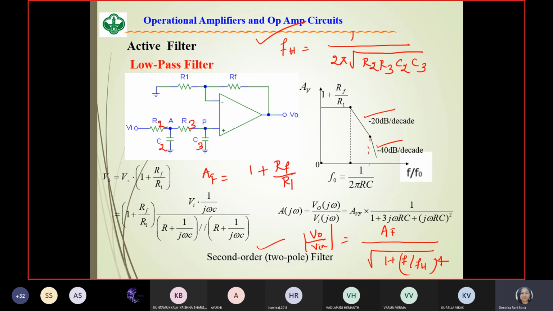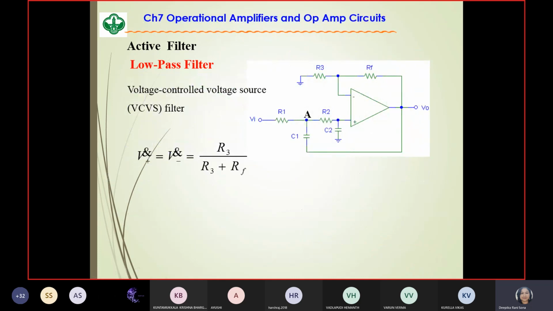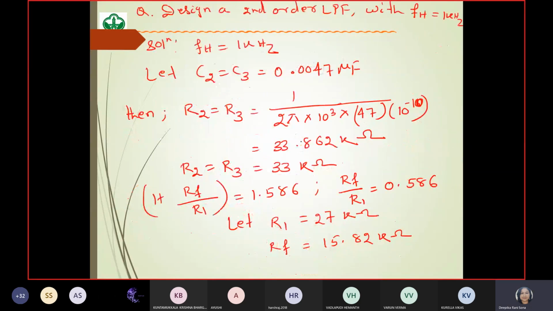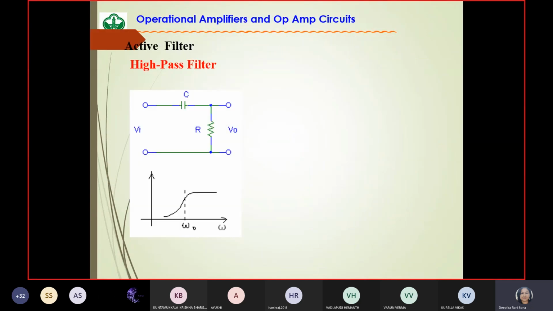Then you have to proceed to the design steps and the values to consider. Whether I have written it or not, let me just check. Okay, this is filter design for first order, filter design for second order, whether I have written it or not.